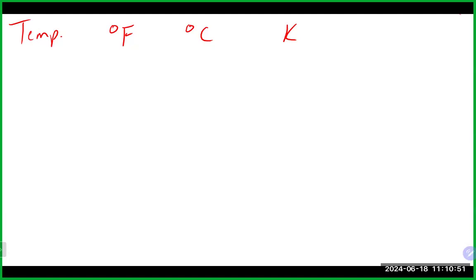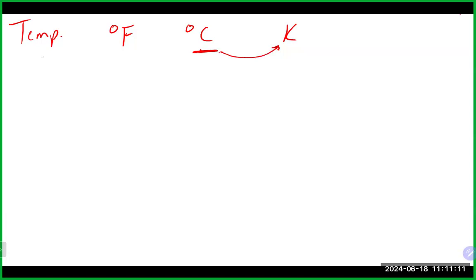Most of the time, we're given temperature values in degrees Celsius. That's a common unit that we are given values in. And I would say probably 99 times out of 100 in chemistry, you will be taking that Celsius to Kelvin as a conversion.